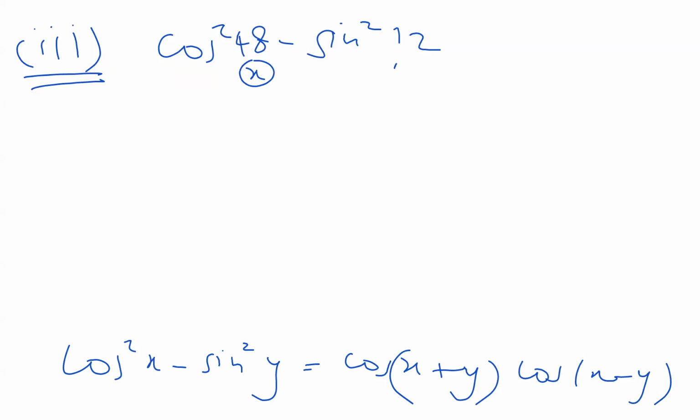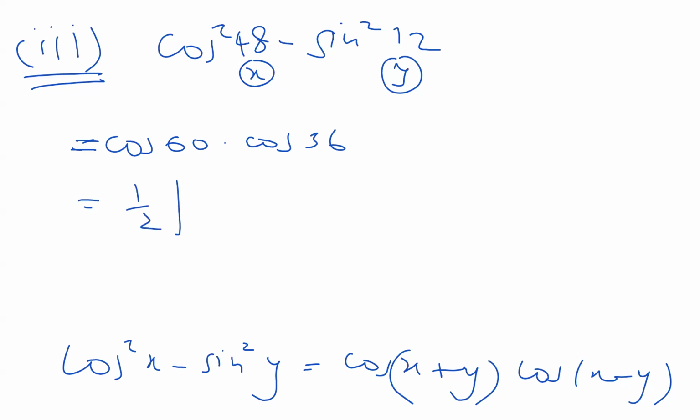So this is x and this is y. So cos x plus y, 48 plus 12, that is 60, cos 60 is half, into cos x minus y, cos 36, value you know, root 5 plus 1 upon 4. Cos 36 is root 5 plus 1 upon 4.